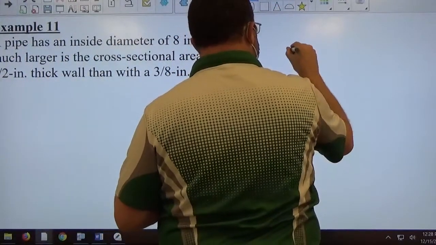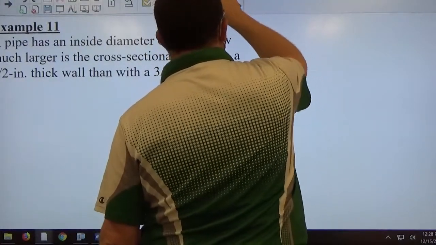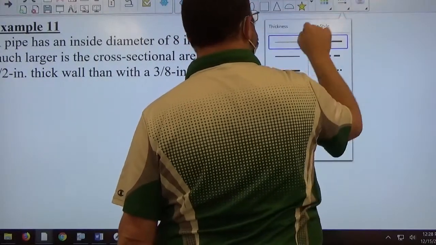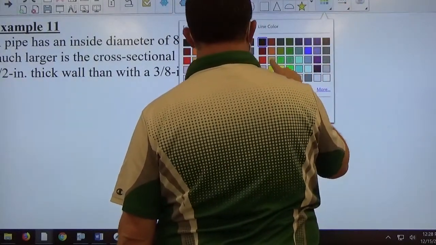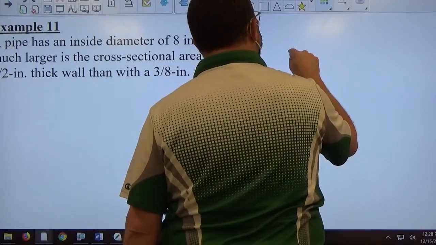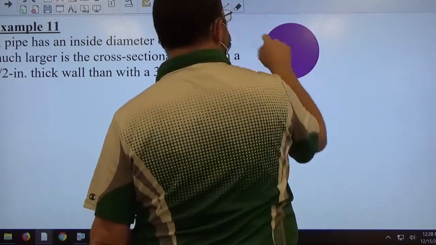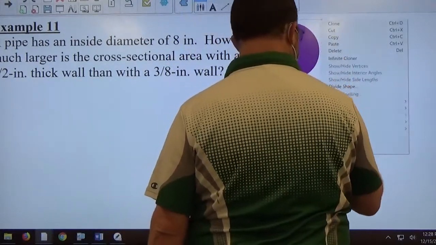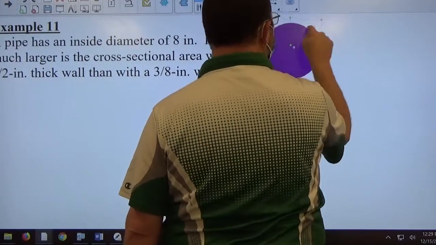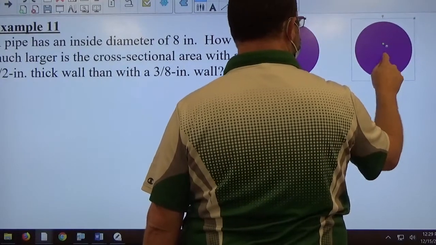So we start with a dot to represent the pipe, and we're going to have a thicker wall and a thinner wall pipe. Let's see here, and let's make the pipe. Let's make it a purple pipe. That'll be fun. So we're going to have a purple pipe, and clone it.